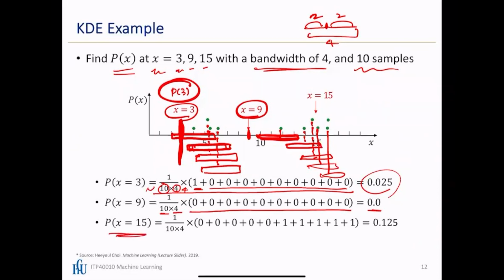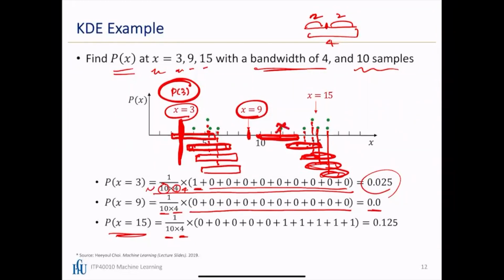And now let's consider x equal 15. So n, 4 to the 1. And there are actually multiple kernels overlapping. So maybe this one, this one, this one, and this one, and even this one, right?